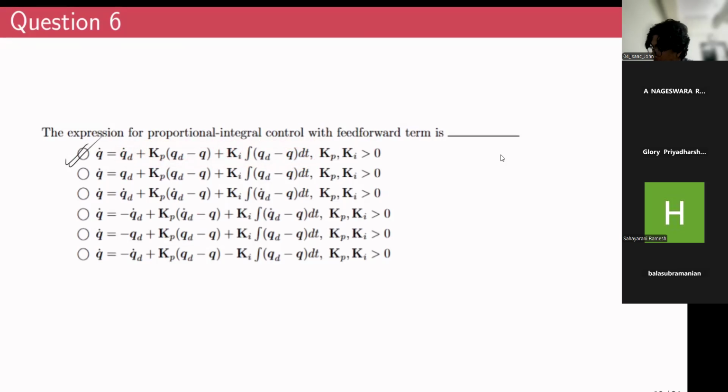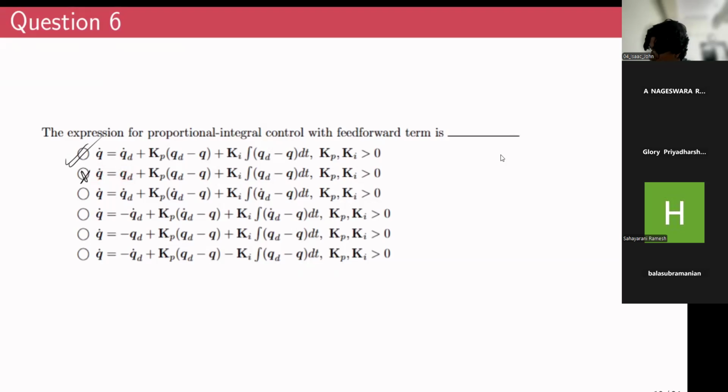Option 2 does not look to be correct because even though it has a proportional and an integral control, the feed-forward term over here is Q desired, and these do not dimensionally match, right? This is a velocity term, but this is a positional term. The dimensions of these 2 terms are not matching, so that is not correct.